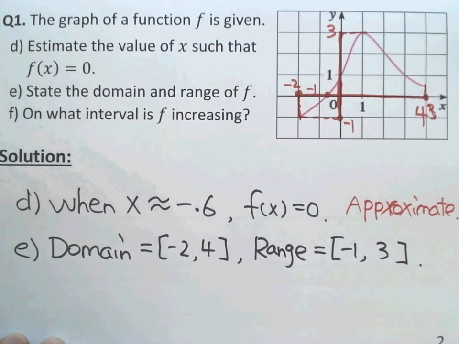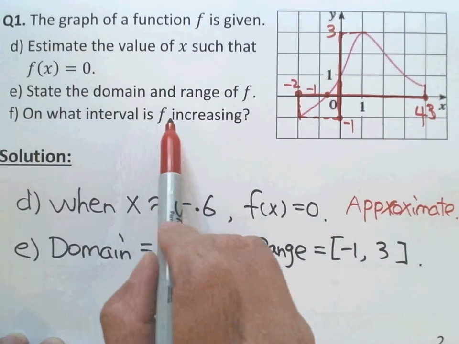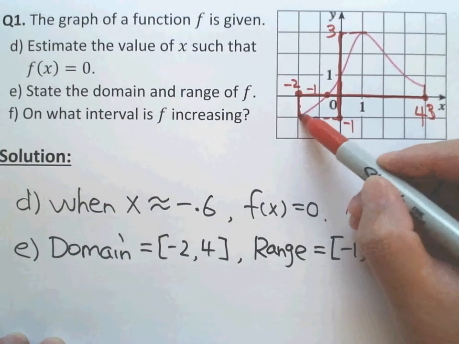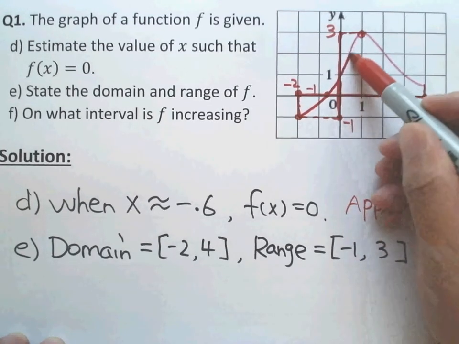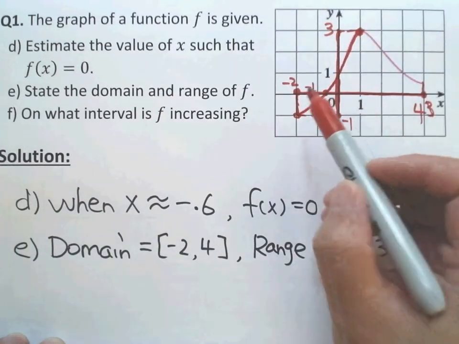Okay, the last question. On what interval is f increasing? What is increasing? Looking from left to right, the function goes up, right? The graph goes up. Can we see? So this goes up.